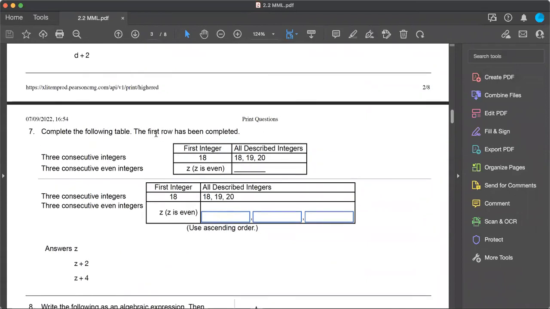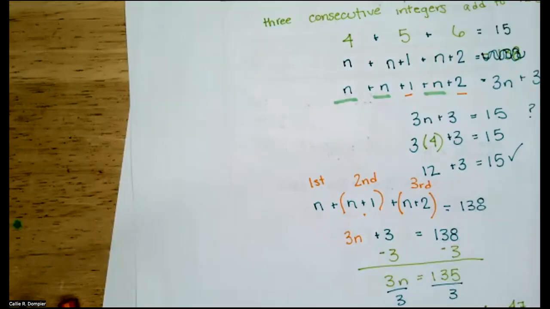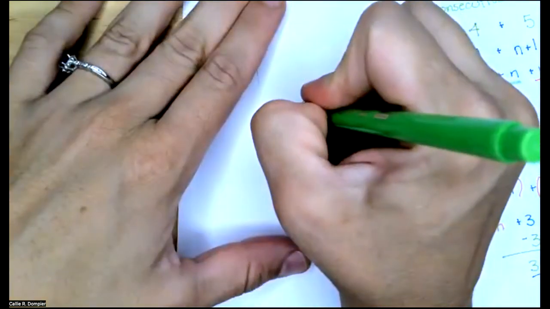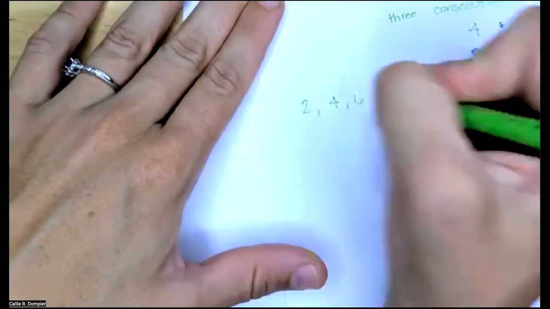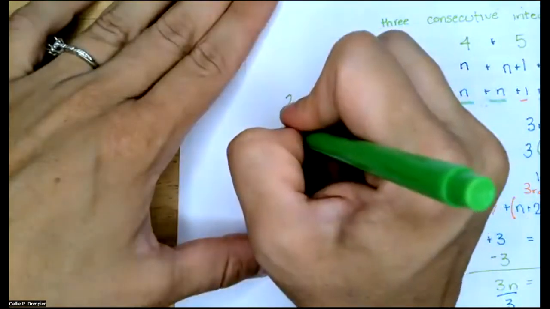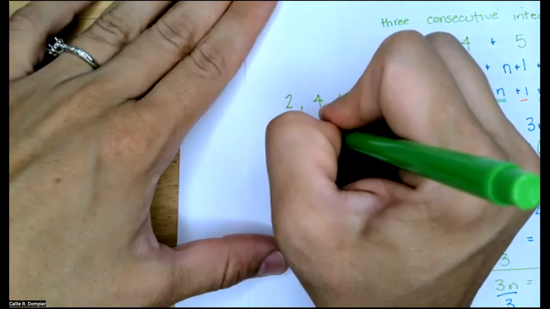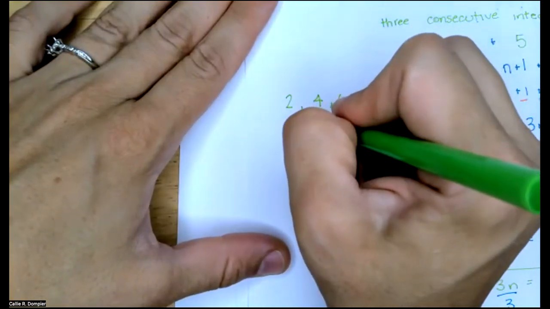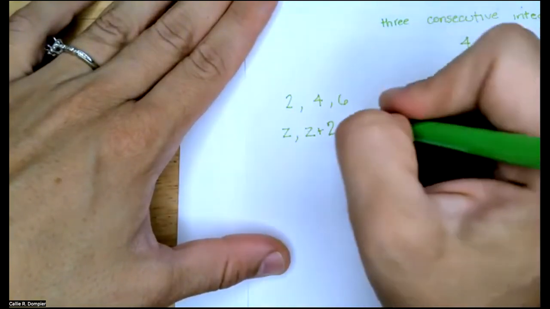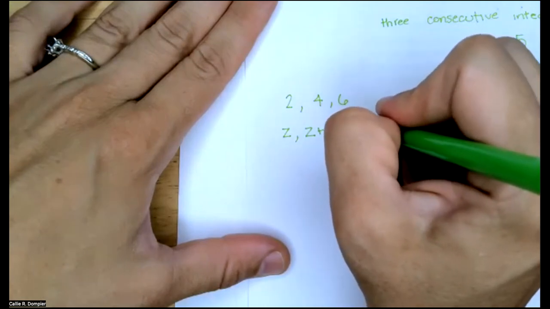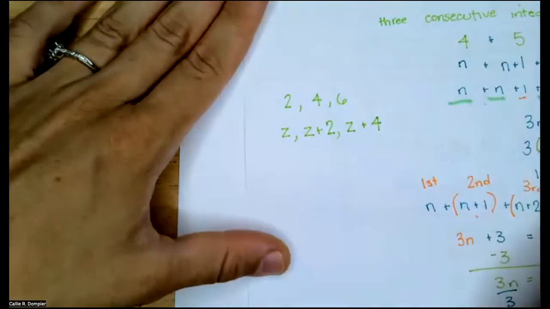If they are even, you see the difference? If Z is even, then instead of saying Z plus 1, we're going to say Z plus 2. Because if I'm going 2, 4, 6, in terms of 2, Z plus 1 would be 3. So it has to be Z plus 2 to get to 4, and then this is Z plus 4 to get all the way to 6.